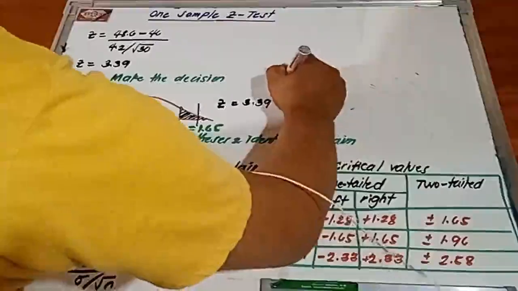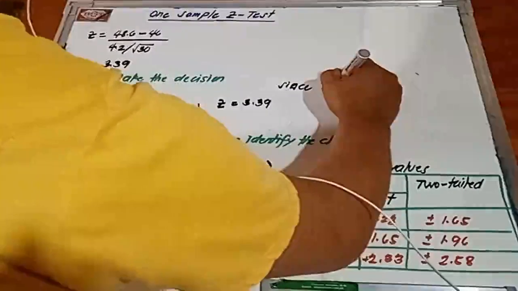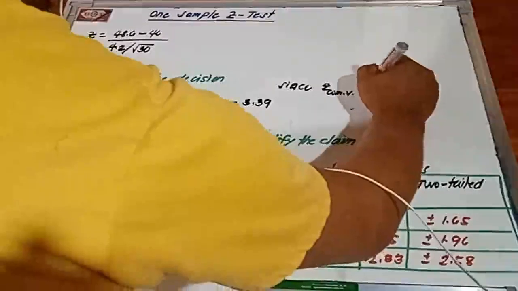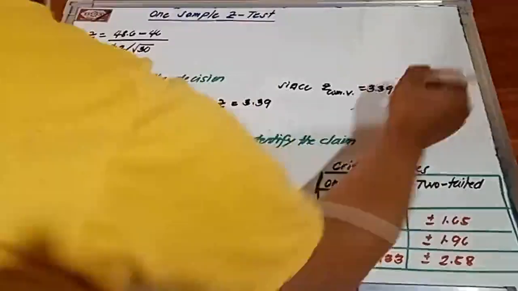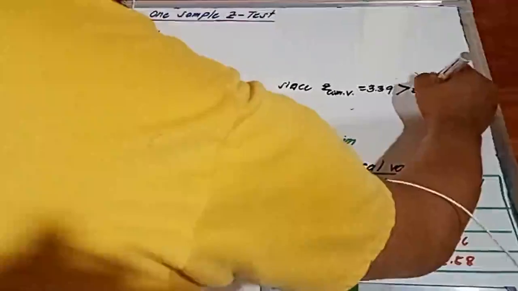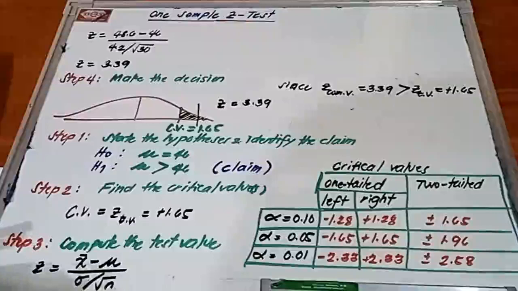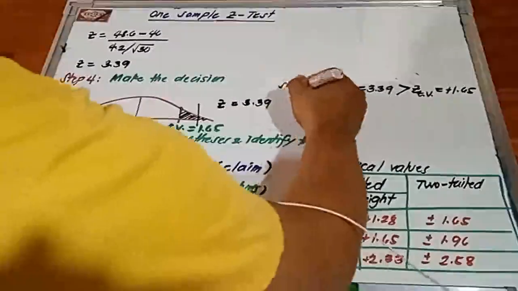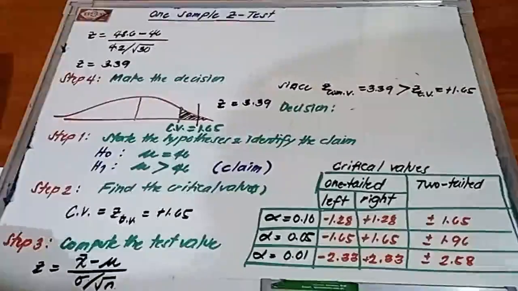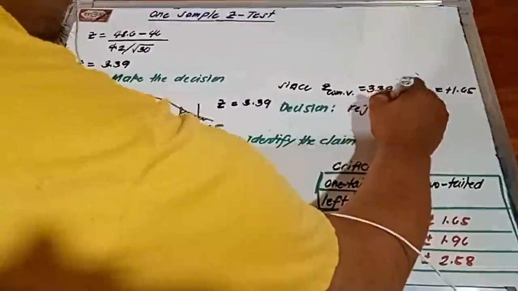Since z computed value equal to 3.39 is greater than the z tabular value, which is 1.65, or the critical value, our decision is reject null. Kasi siya ay nasa rejection region. Reject the null hypothesis.